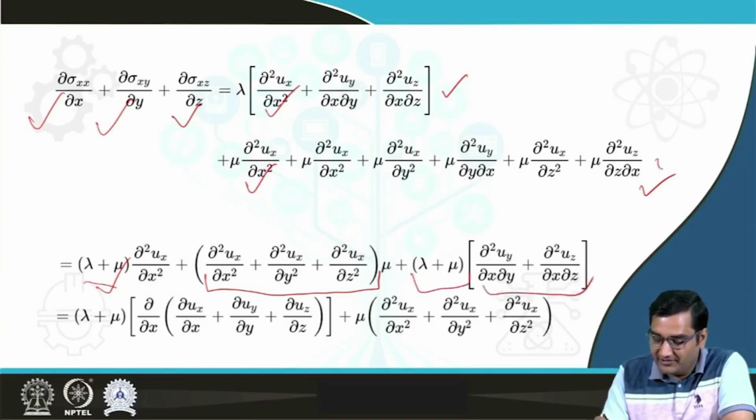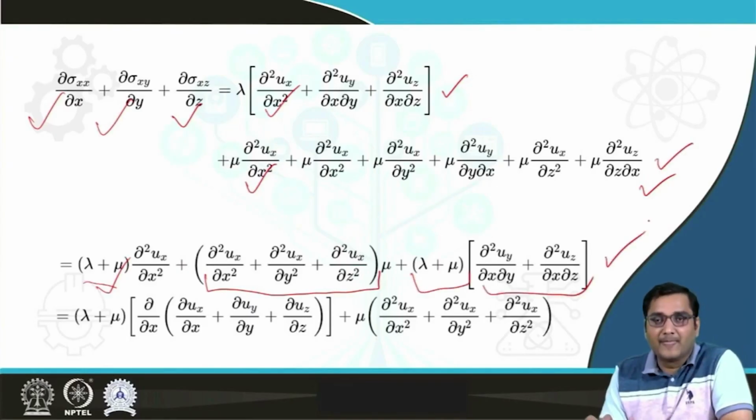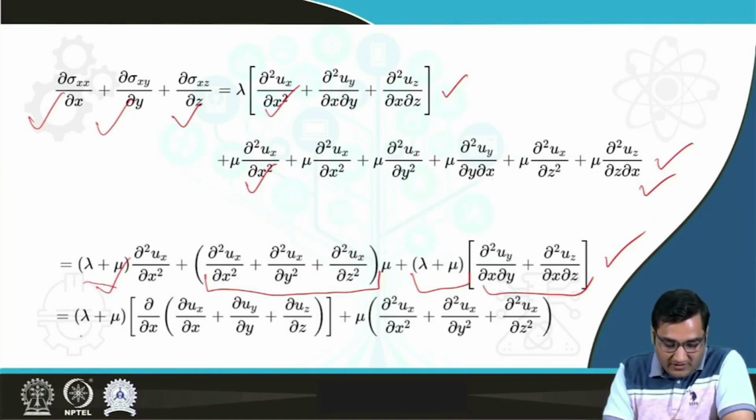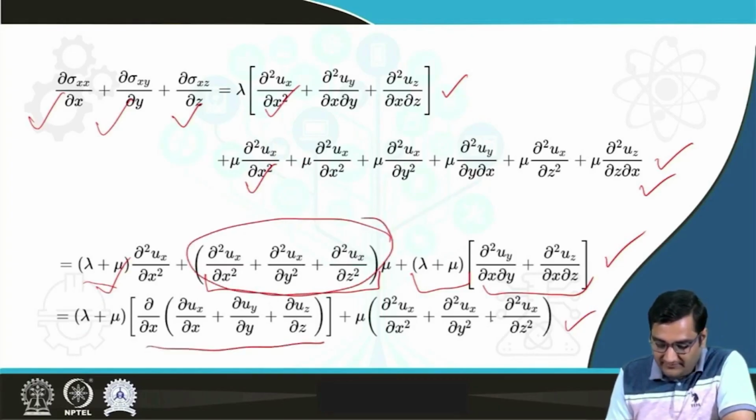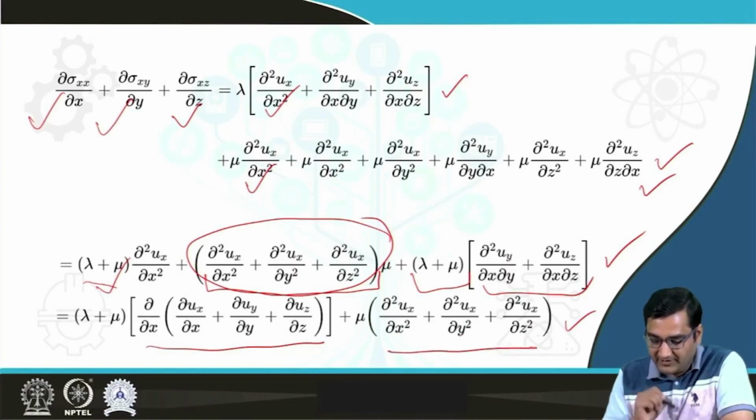So you just need to rearrange this one to this one, and when you take another rearrangement, this particular thing can be written like this, and then you can collect mu separately, and it may become something like this.